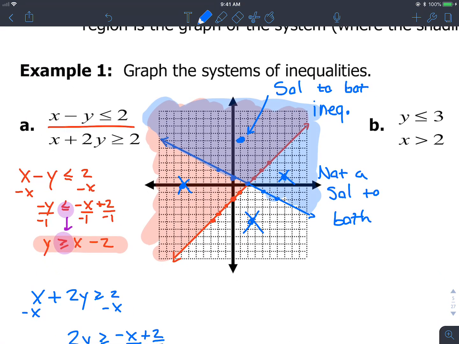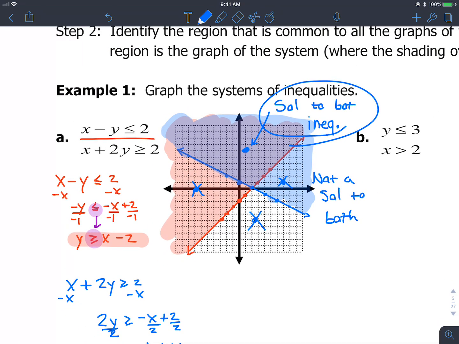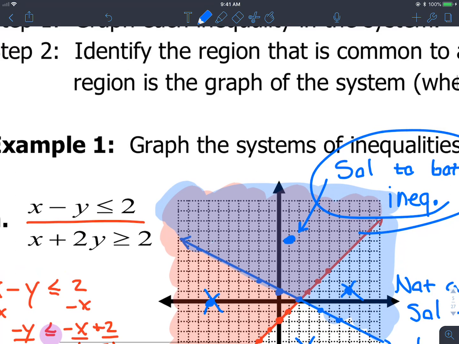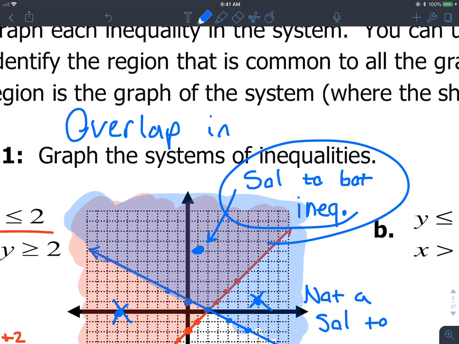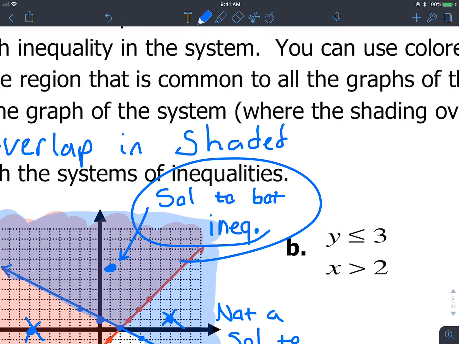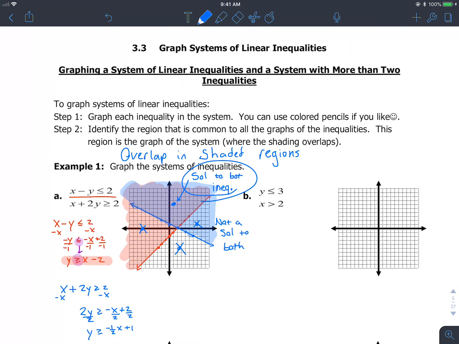So basically, you're looking for an overlap in the shaded regions. That might be something good to write down: overlap in the shaded regions.